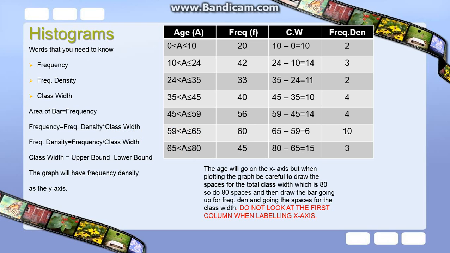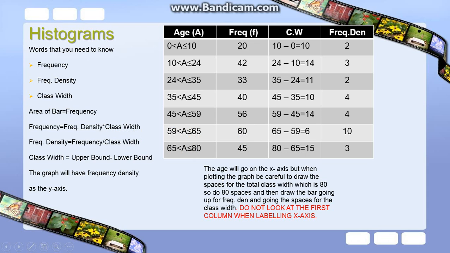Basically, to draw a graph, you have the frequency density as the y-axis, as I've stated here. For the x-axis, you have your class width. But you don't just do 0 to start and then 10, 14, 11, 10. You add them up together, okay? And then you count. If you add these together, it makes 80. So you do 80 spaces.